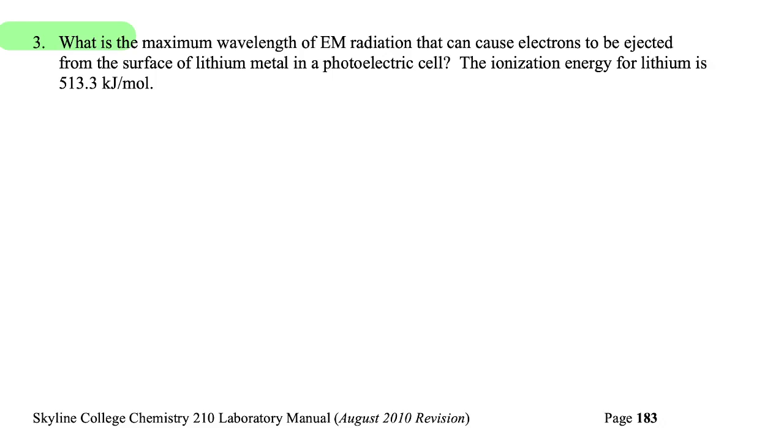The ionization energy, which we haven't directly discussed, but effectively this is the energy it takes to remove an electron. This is just stated differently because the units are different, and it tells us the ionization energy is 513.3 kilojoules per mole.